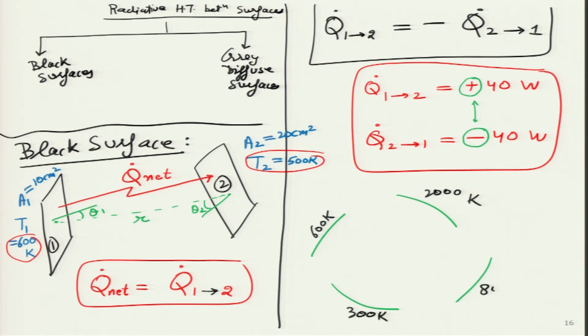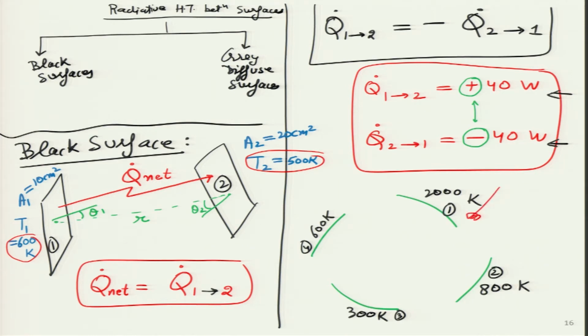Over here, 800 Kelvin. So, let us say these are 4 surfaces which are not in contact with one another. There is a gap also in between, gap here, gap here, gap here, gap here, and this surface is, let us say, surface 3 and 4. By keeping track of these signs, we will be able to figure out ultimately where to put the heater, because somewhere we will be giving the energy.